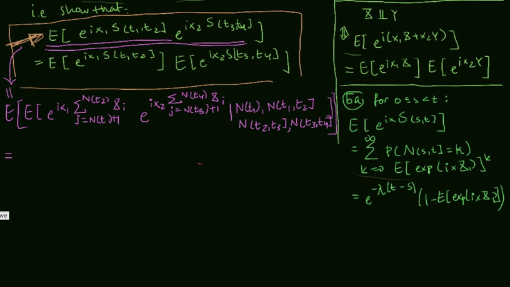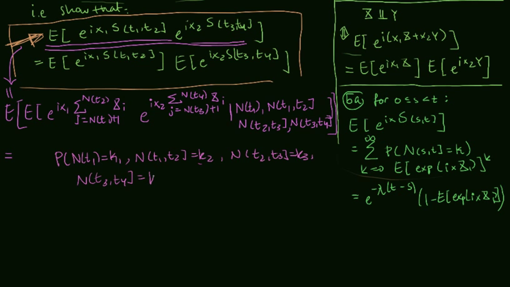So what I have first is I will take the probability that N of t1 is equal to k1, and that the increment N of t1 to t2 is equal to k2, that the increment N of t2 to t3 is equal to k3, and that the increment from time t3 to t4 is equal to k4.